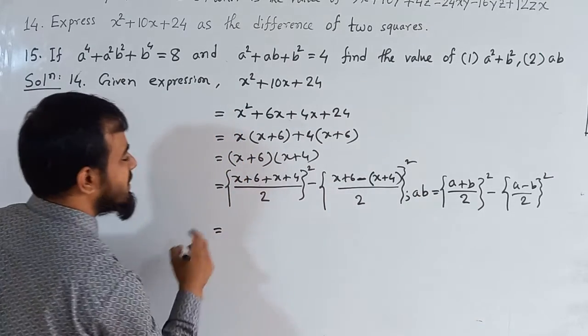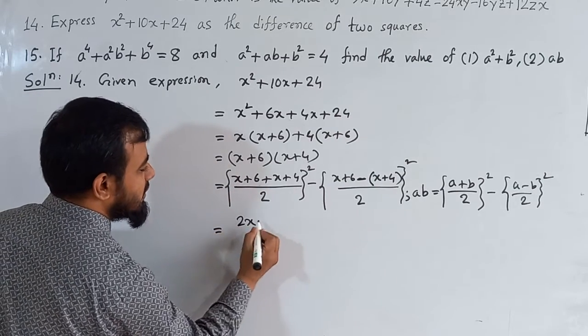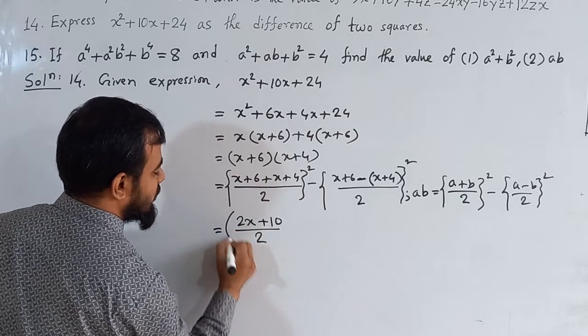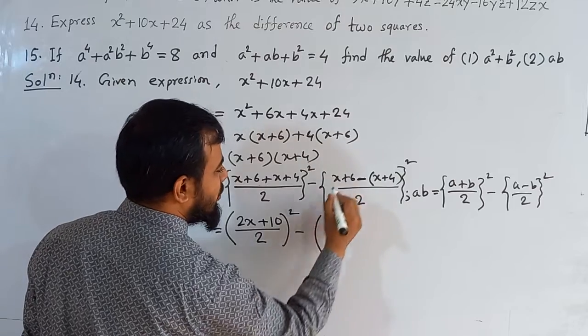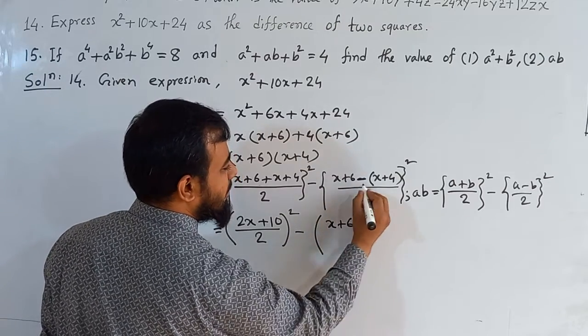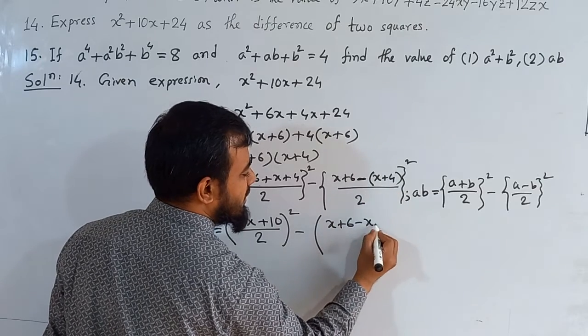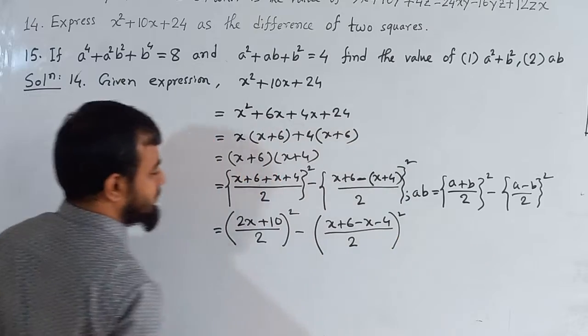Okay. Now it's a very simple calculation, dear students. It's x plus x is twice x. 6 plus 4 is 10 over 2 squared minus, it will be now x plus 6, and the minus sign will apply to all of these brackets. So it will be minus x minus 4, minus x minus 4 whole over 2 squared.